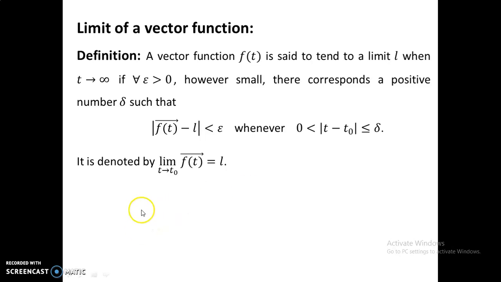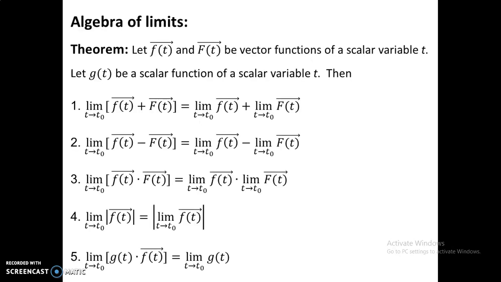This can also be denoted by the limit of the vector function as t tends to t naught is L. Next, the algebra of limits, as we have learnt in every subject in algebra. So we have to see some properties.